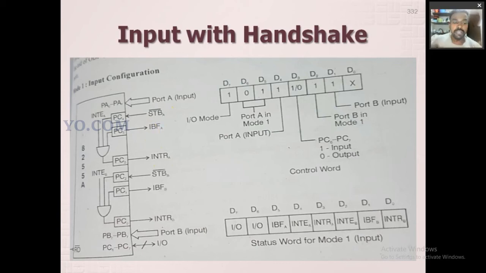Similarly, in group B we use the same handshaking signals as group A: STB, IBF, INTR. These are the handshaking signals used in communication between the microprocessor unit and the external input device.